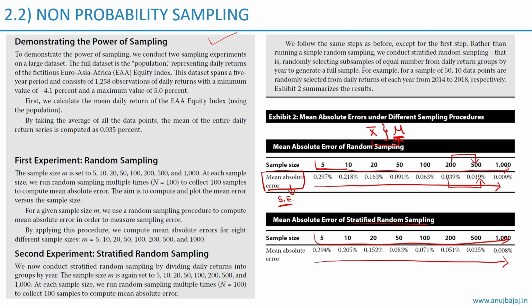Increasing the sample size from say 200 to 500 definitely increases the accuracy. But the analyst needs to decide whether the incremental accuracy is justified given the cost and the effort required to collect a huge sample. So there is a trade-off between the cost and the time involved versus the accuracy.